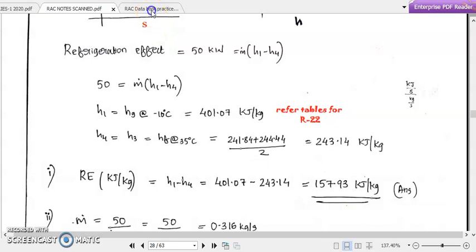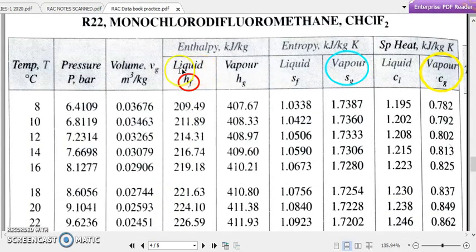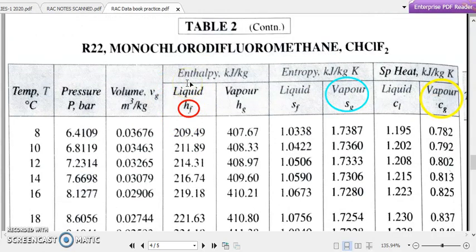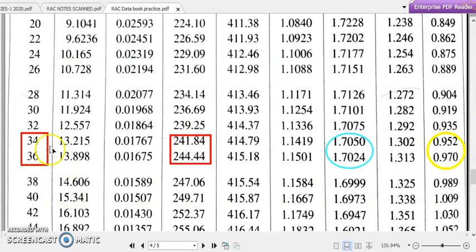So again, let us consider our data book. To find out the HF value, we are going for the 35 degrees Celsius column. We take the next page of the table to find the HF value corresponding to the temperature 35 degrees Celsius.